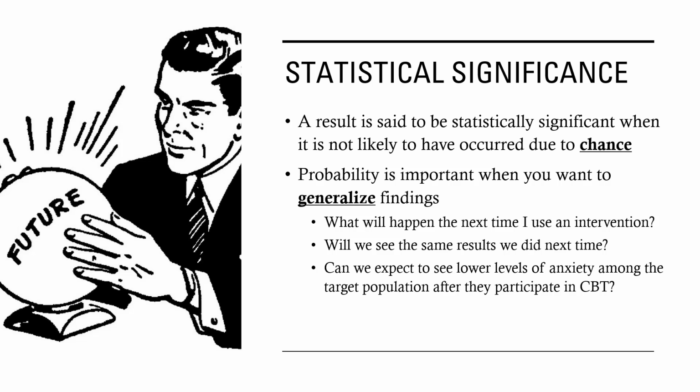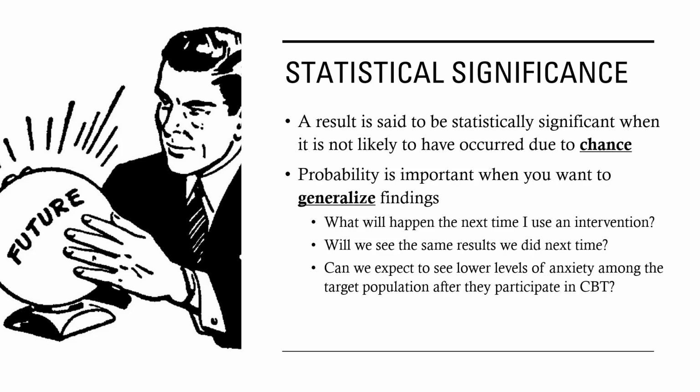When bivariate statistics are calculated, they're often accompanied by another type of statistical test referred to as statistical significance. Statistical significance is when a result is not likely to have occurred due to chance. So it really represents when there is a true relationship between variables, not a chance occurrence. Statistical significance relates to probability, and probability is important when we want to generalize our findings.